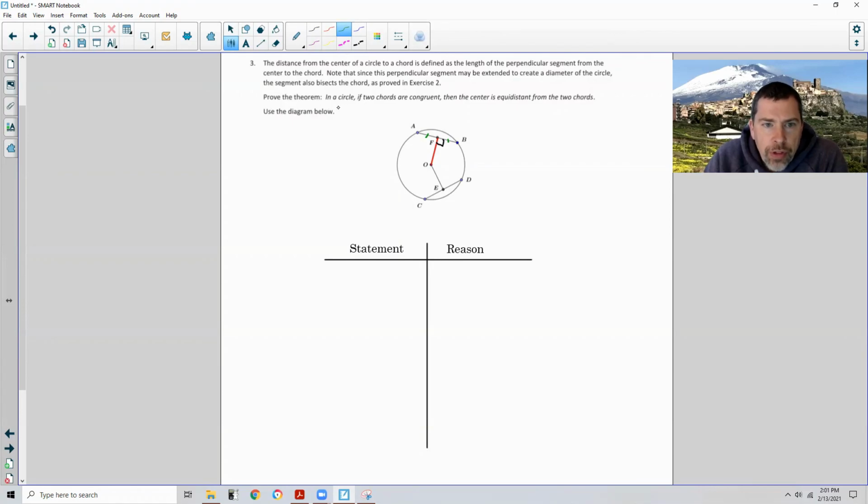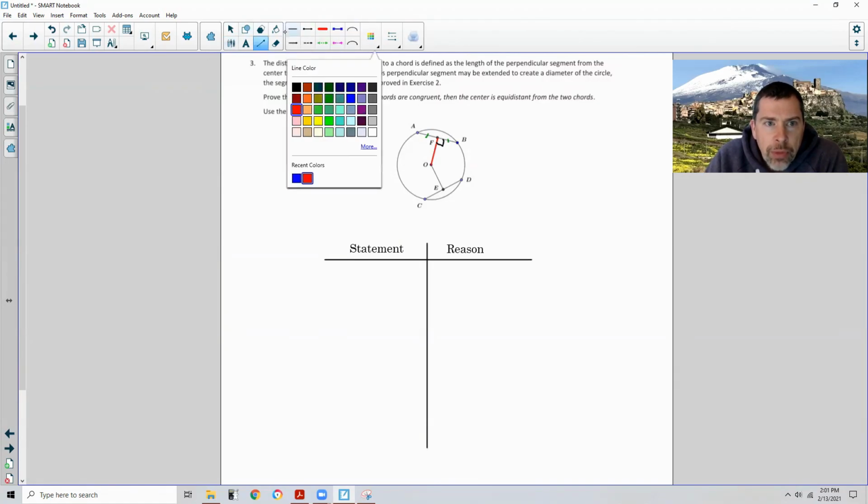Now we want to prove the theorem in a circle, if two chords are congruent. So they're telling us that AB is congruent to CD, then the center is equidistant, meaning the same distance from those two chords. In other words, if I drew another segment here, and let's make this one orange.